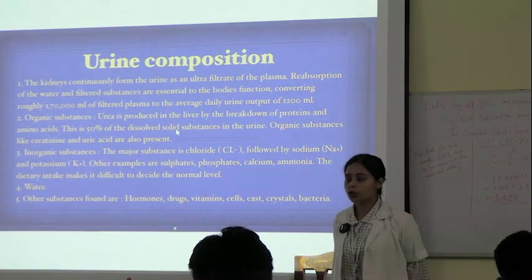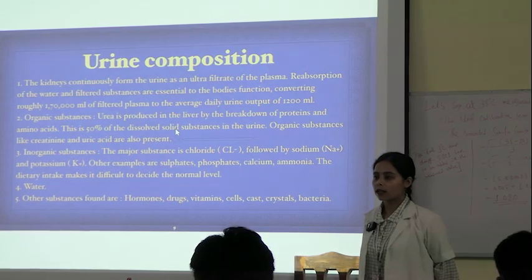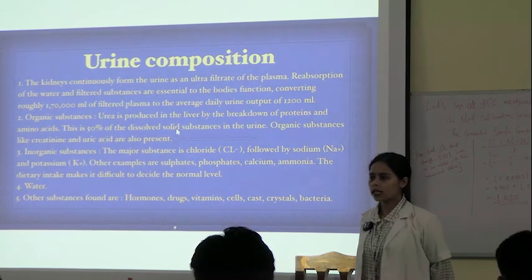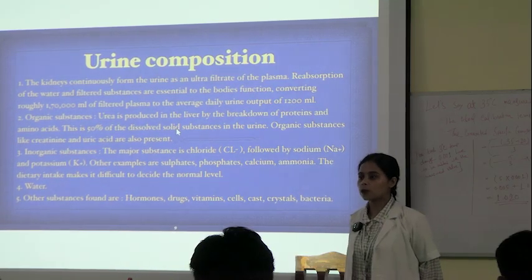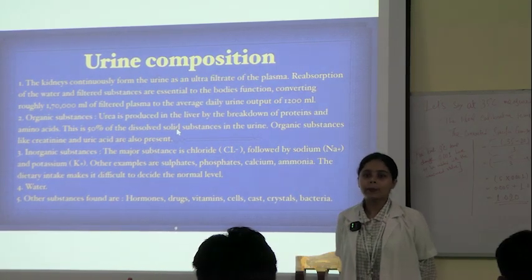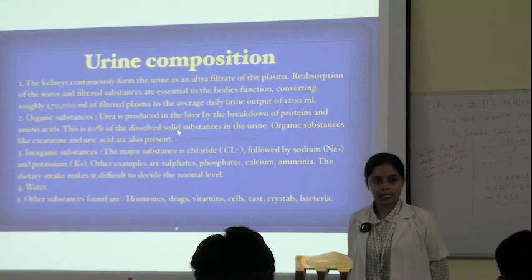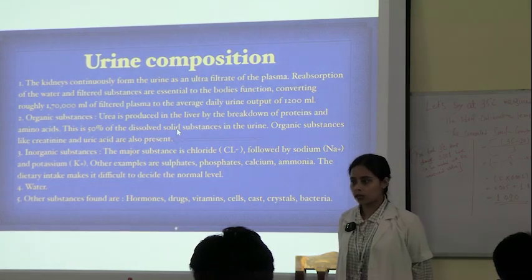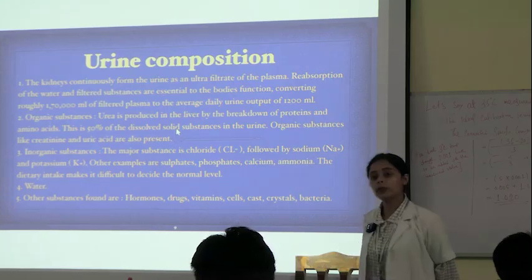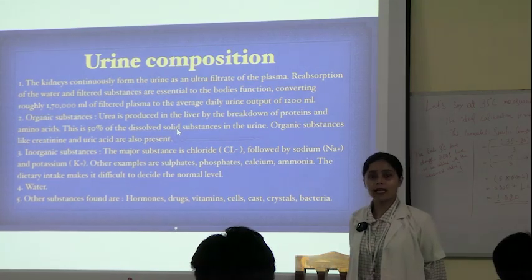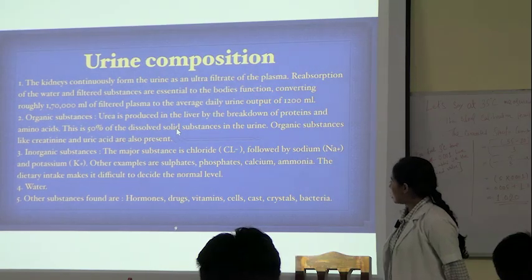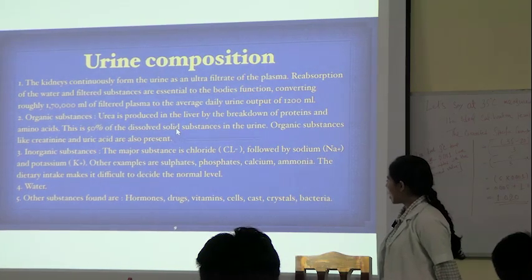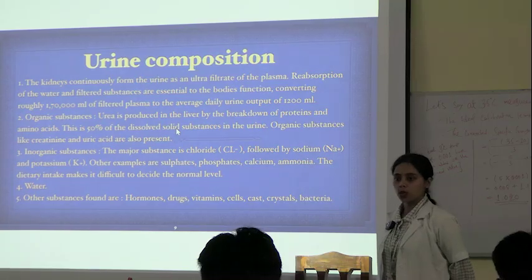Pregnancy, yes, that is also true. And anything else? Anything else? Yes, you are going in the right direction. Cancer. It also helps us in detecting cancer. Beta HCG is one of the gold standards of confirming pregnancy. Okay, the levels will be higher during pregnancy or cancer. Now some drugs, vitamins, cells, casts, crystals, bacteria, those can also be found in our urine.